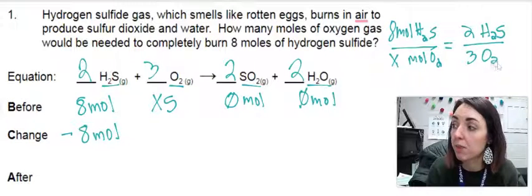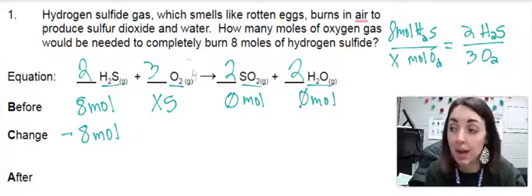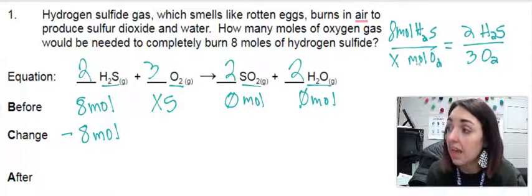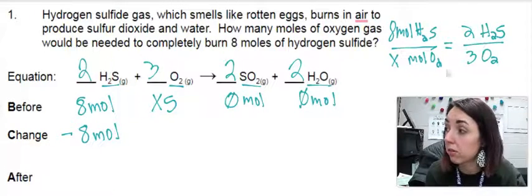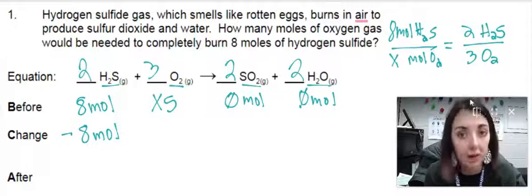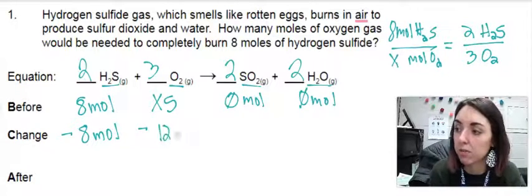So again, that's just my ratios from my balanced equation. For every 2 hydrogen sulfides, they react with 3 oxygens. And I solve for X. So I cross multiply. That gives me 3 times 8, which is 24, equals 2x, divide both sides by 2, I get 12 moles of oxygen.